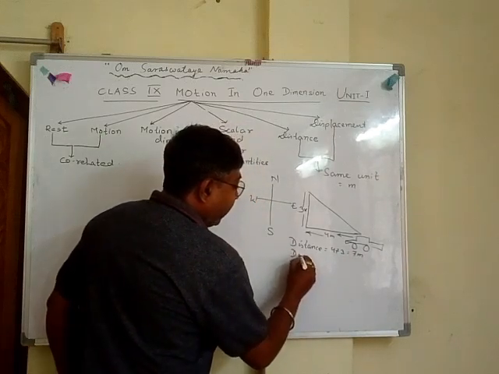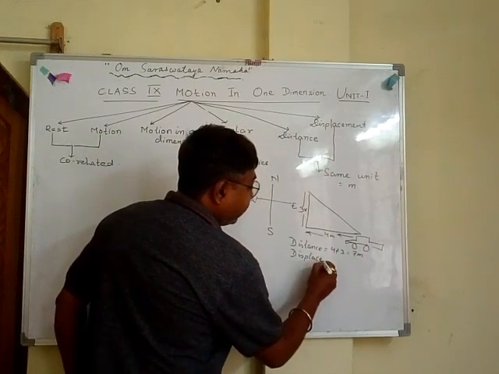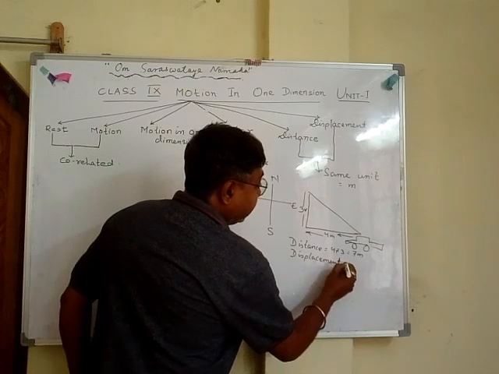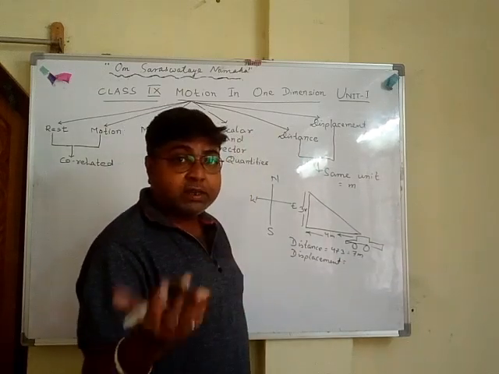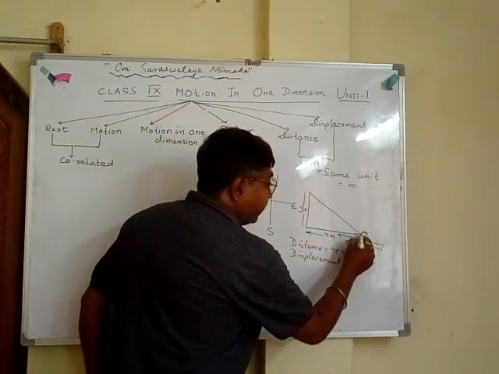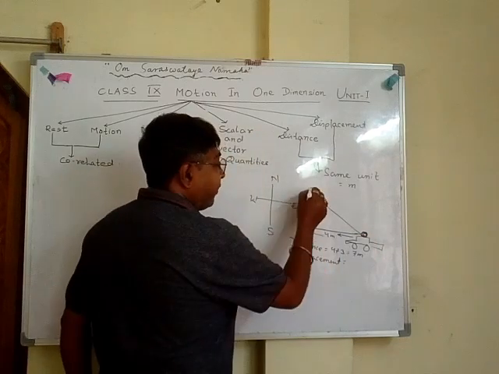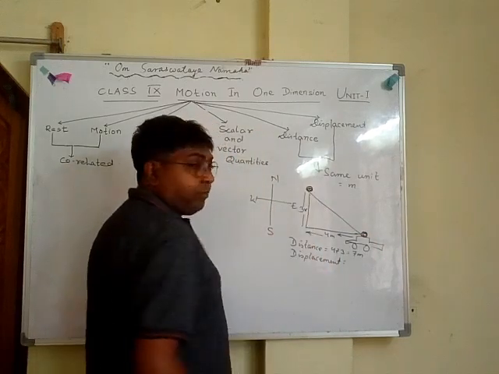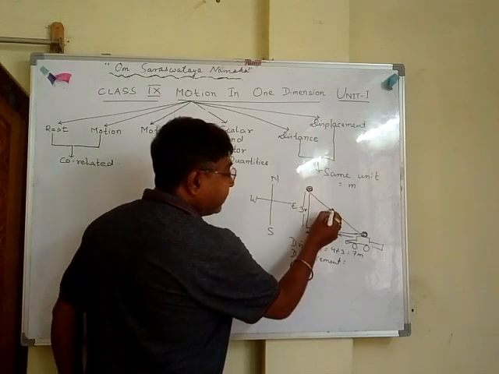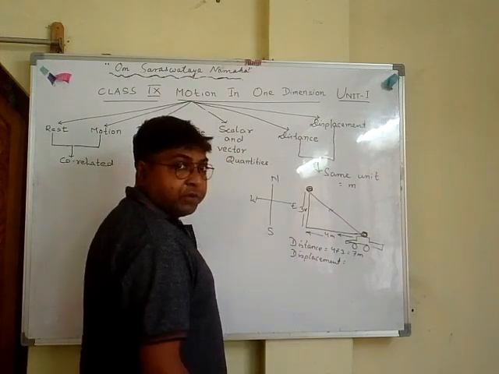But if anyone asks you what will be the displacement covered, displacement will be the shortest distance between the initial point, that is the starting point, and the final point. The shortest distance is this one, the hypotenuse.